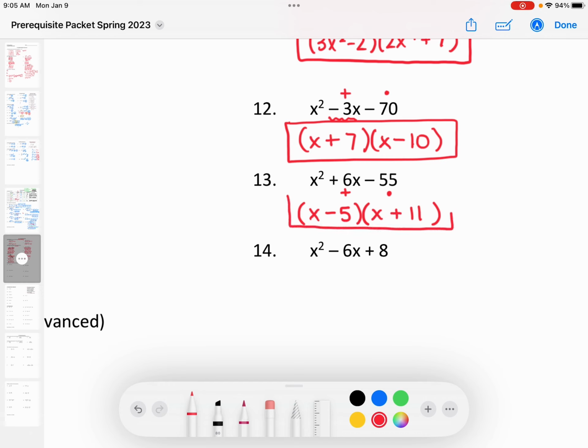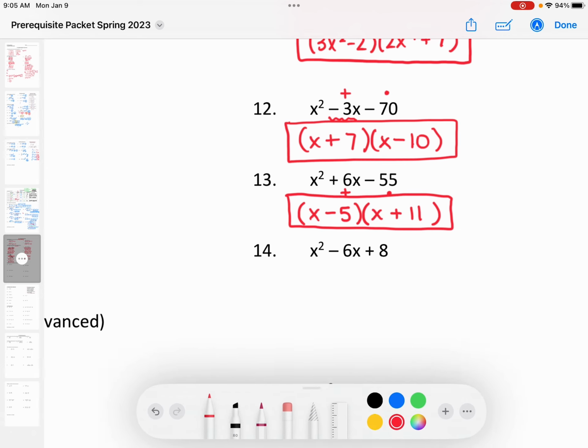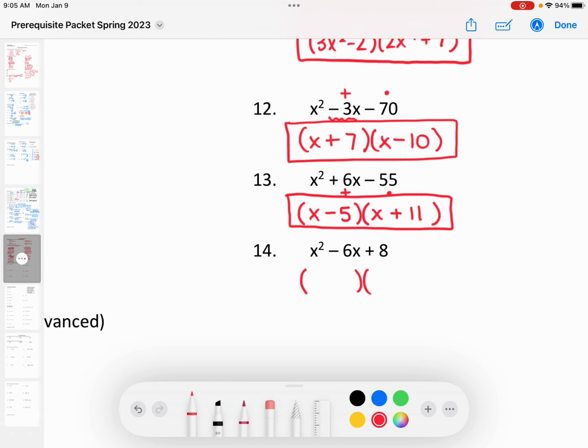And we'd still have them multiplying to make negative 55. A 4 times 2 to make 8. And if we make them both negative, it still multiplies to make a positive 8, but adds to make a negative 6. So that worked out well.